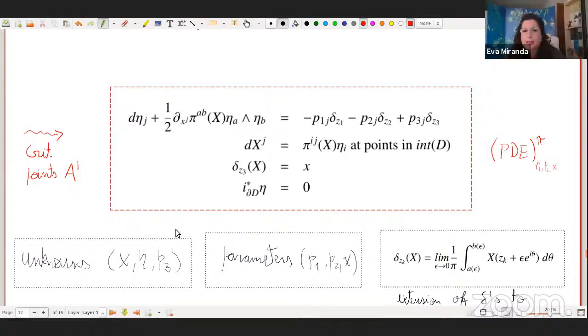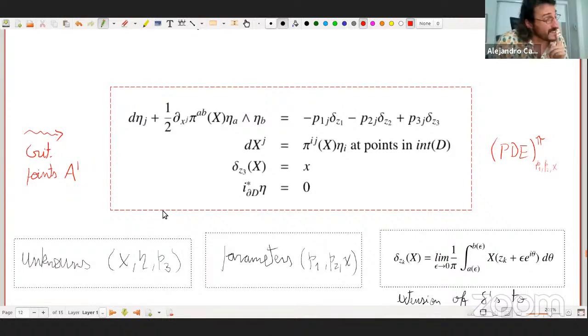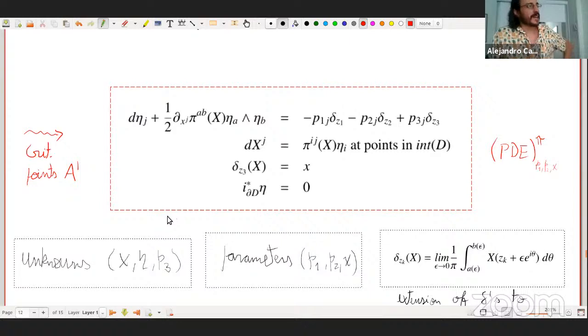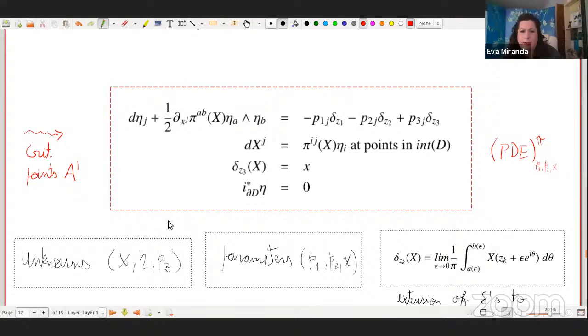Can you give explicit formulas in some particular cases? Yes. We can connect the whole thing and relate it to the first thing. Yes, this will come in just a second. Thank you.